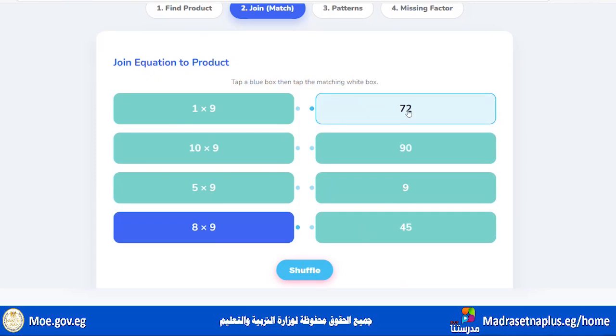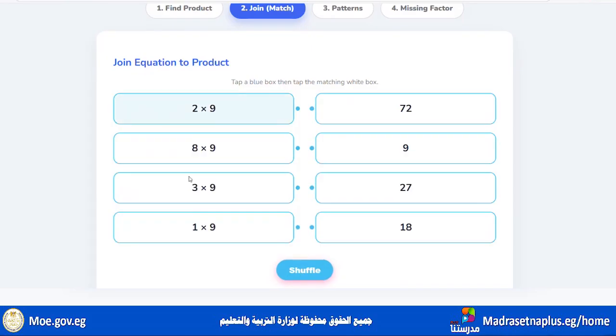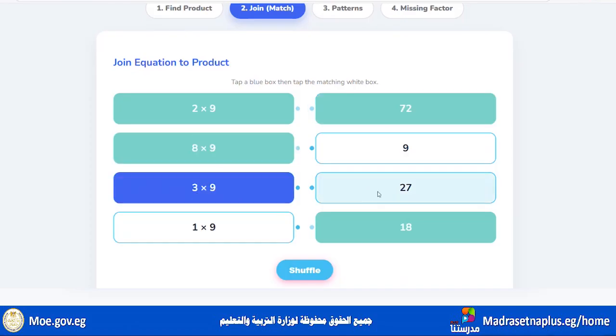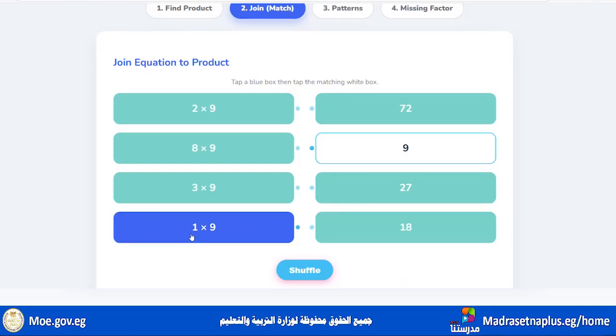It will be 72. Yes. Our answers are right. Well, that means change the position of each one. 2 times 9, 18. 8 times 9, 72. 3 times 9, 27. 1 times 9 equals 9.